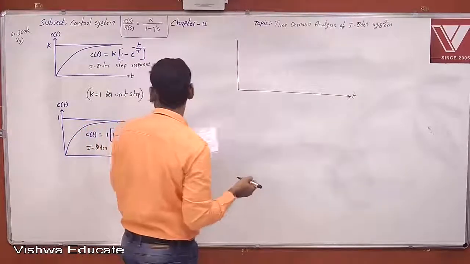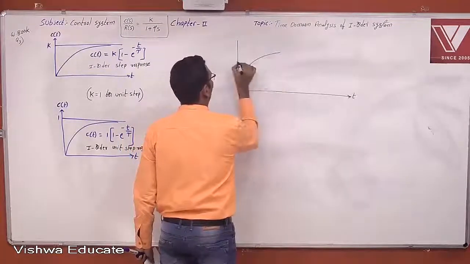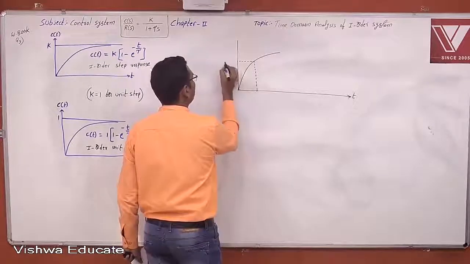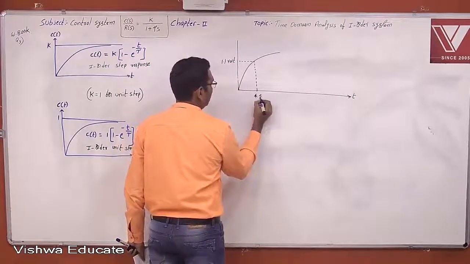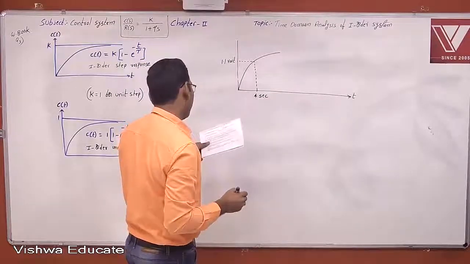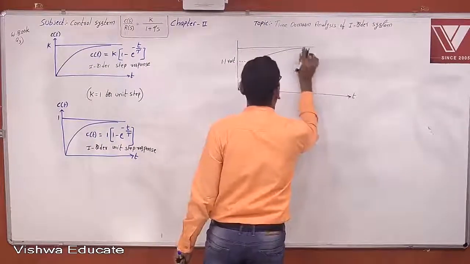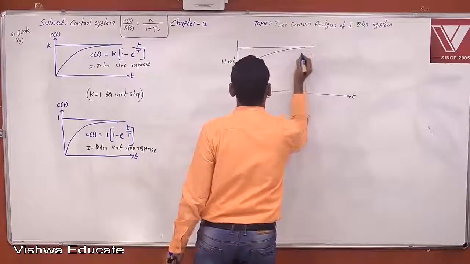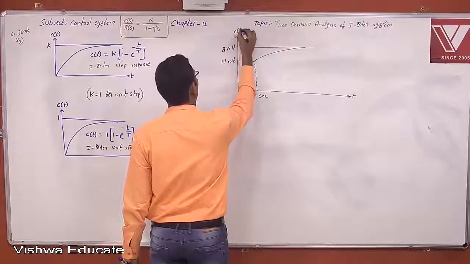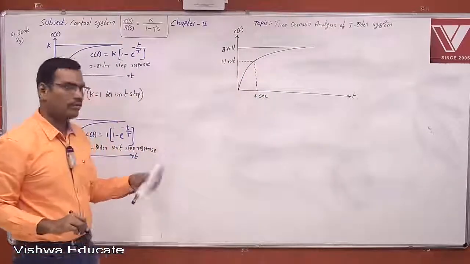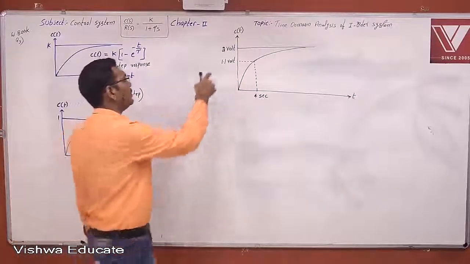Now in this question number 3: a first order system is initially at rest position and the response reaches 1.1 volt after 4 seconds and finally reaches a steady state value of 2 volts.